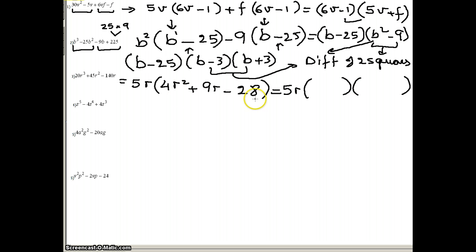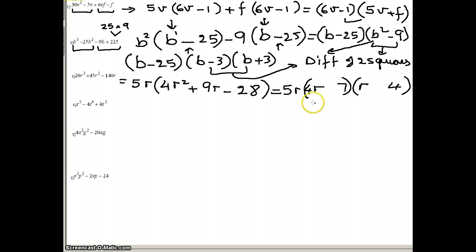And if I try, let's say, a 7 and 4, it'd be 16 minus 7, and that will give me the 9. So I'm all set. The best way to do this problem is to go 4r, and then r here, and then I have to get the 7 here, and the 4 here.